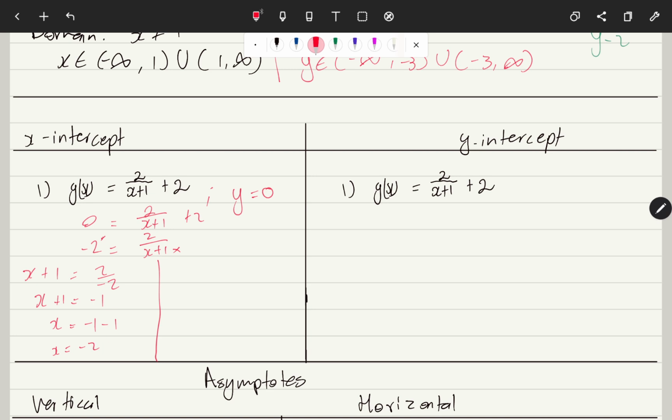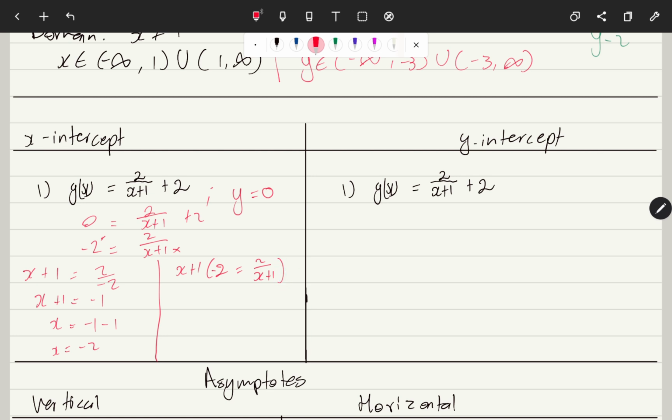But just to show you that I'm telling the truth and you can safely use this trick, I will do it the way we used to. So let's multiply by x plus 1. We're multiplying everything by x plus 1.